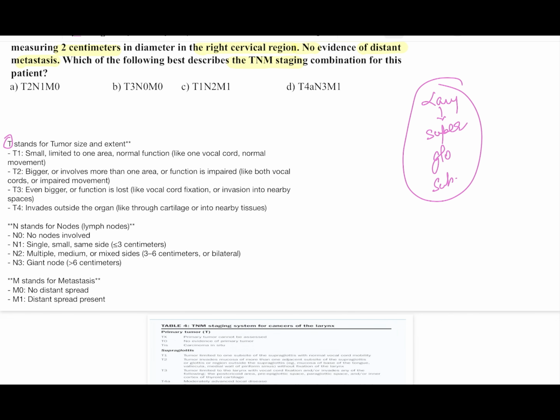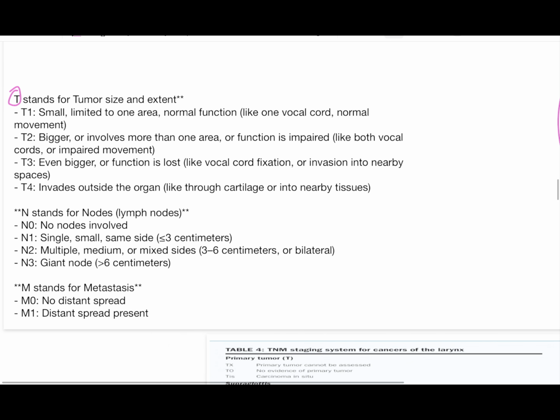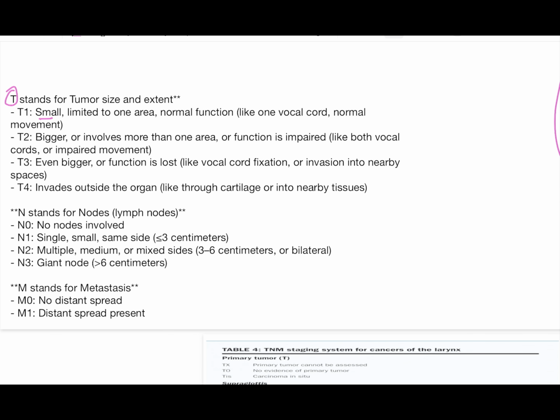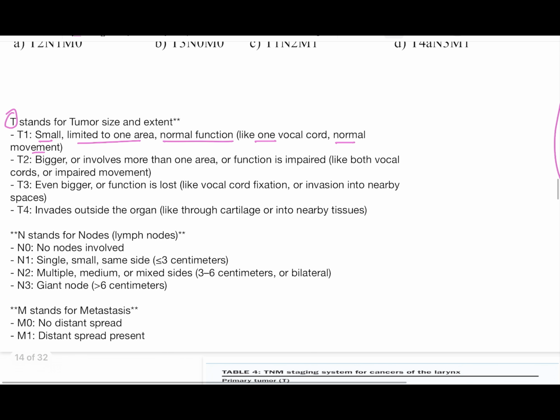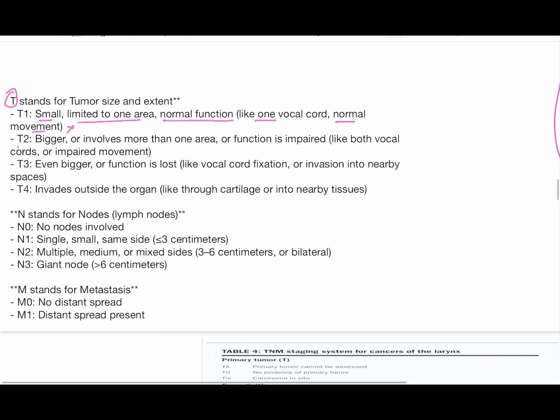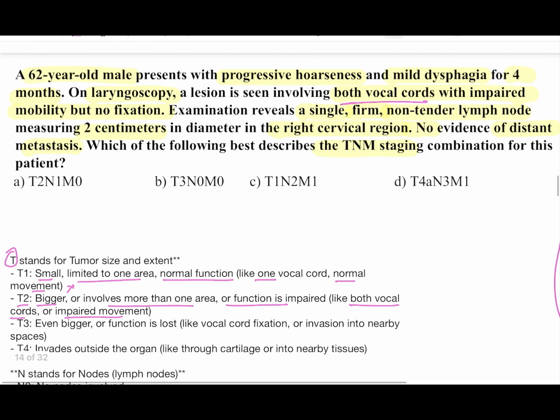If you want to read, I have made it easy so you will understand. T is for the tumor size and extension. So for all these three, what will be the T1? Small, limited to one area, normal function, meaning only one vocal cord involved, normal movement. Since in the question they mentioned both vocal cords involved, this will not be the correct answer. Second, T2, bigger, involves more than one area or function impairment, meaning both vocal cords and impaired movement.